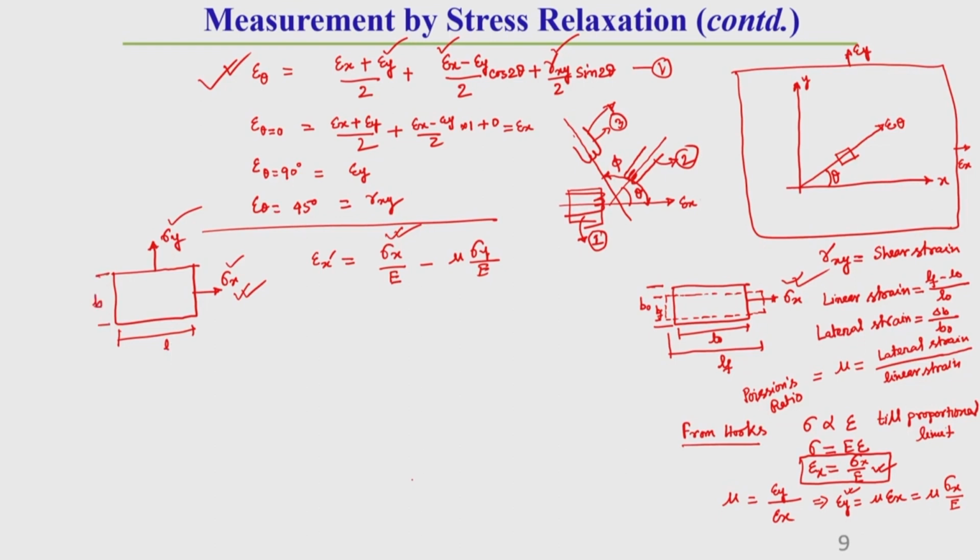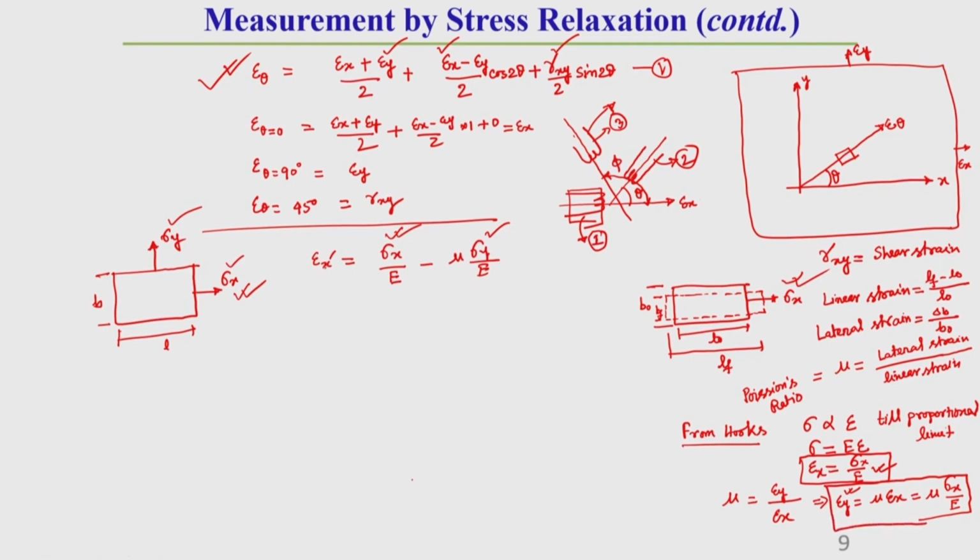The reduction of strain due to sigma y is mu into sigma y by E. How it comes, I have already shown here, just keep this in mind.